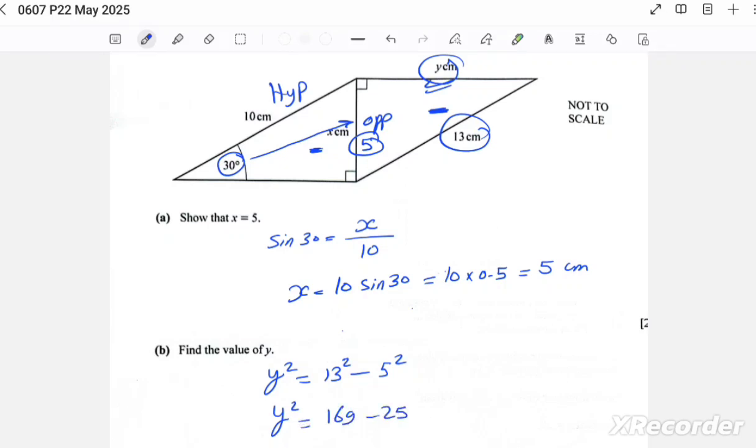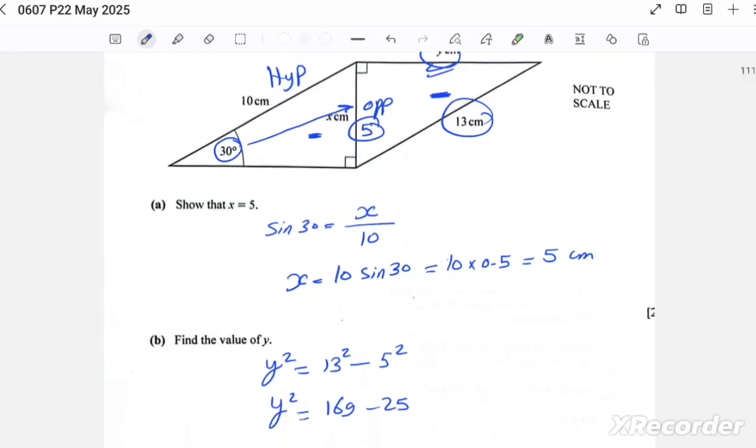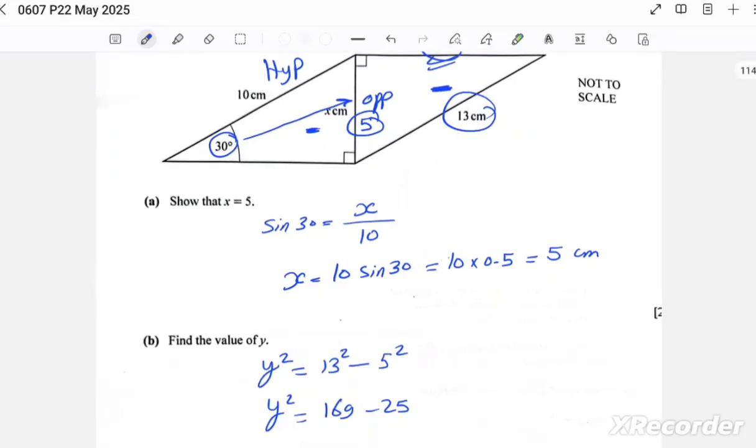By the way, you should know in paper 2 the square root of all numbers till 15 at least. Okay, so you should know the square root of 13, 14, 15, because you will use it in exam.